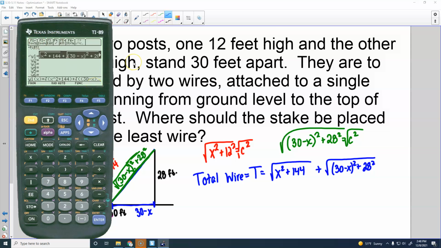Yeah, only thing I've done is type it in so far. Right here we're just typing the equation in into y equals.